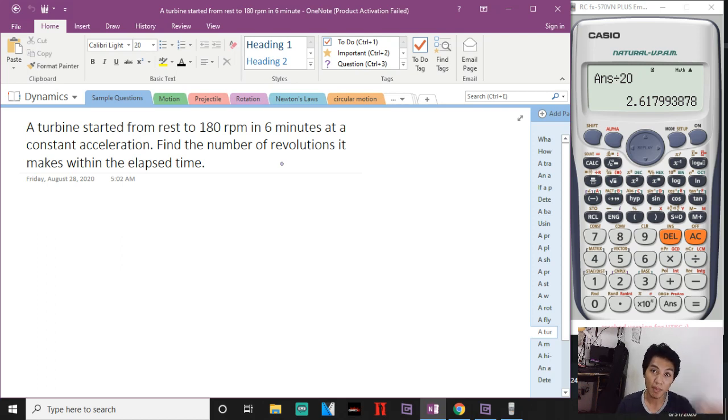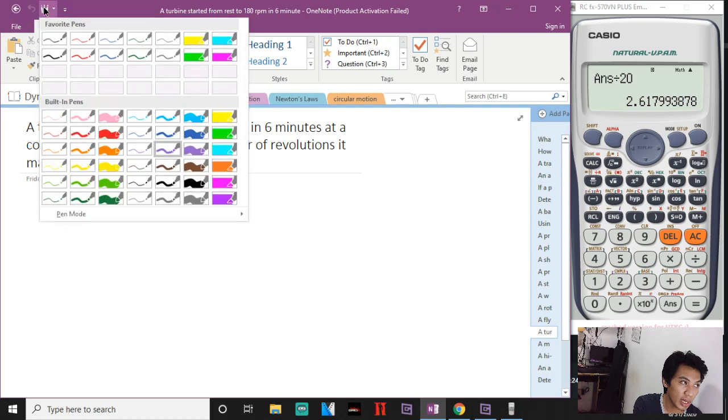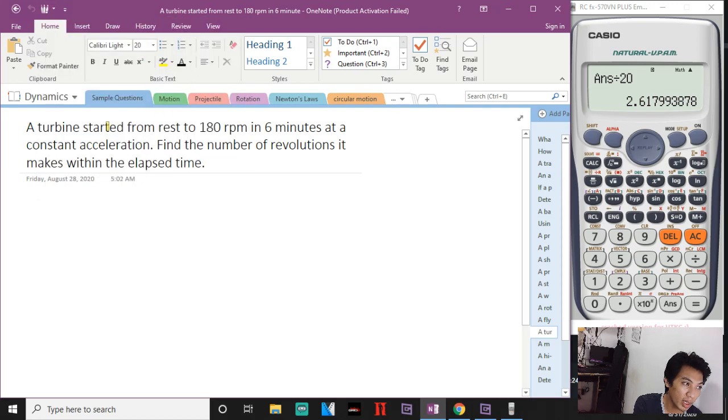Ibig sabihin, nahanap naman kung ilang beses ikot yung flywheel mo or yung turbine mo. So, let us take note muna ng mga given. So, rest at 180 RPM, 6 minutes. Okay? So, ang gagamitin natin dito, ito ba yung nahanap dito? Number of revolutions. Okay?